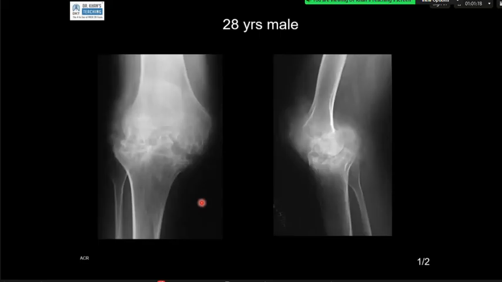And on the lateral view, I can see that there is some increase in soft tissue density at the anterior as well as the posterior aspect of the knee. So the joint also looks a bit disorganized.